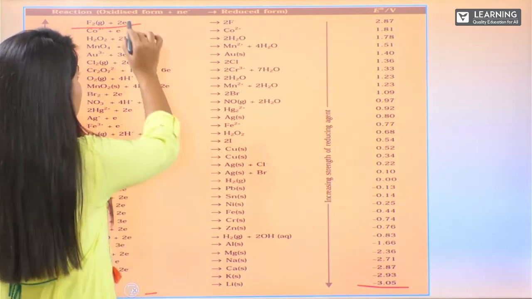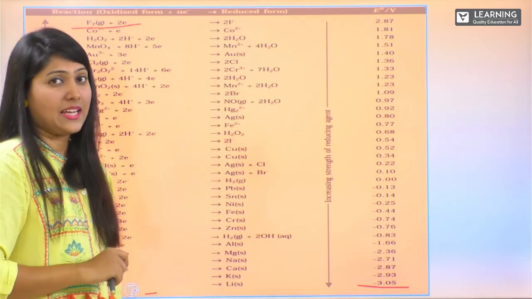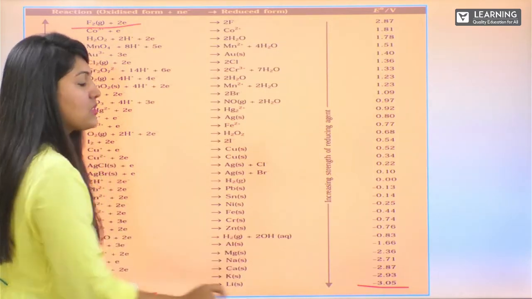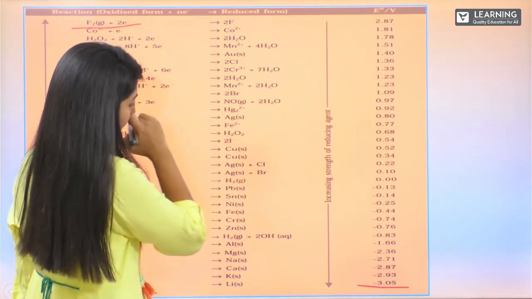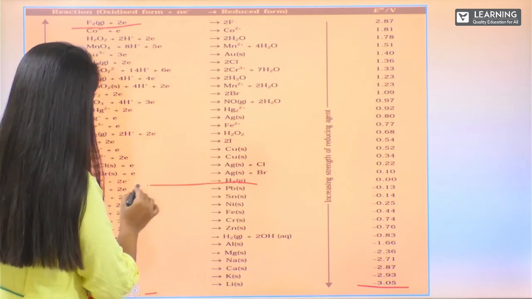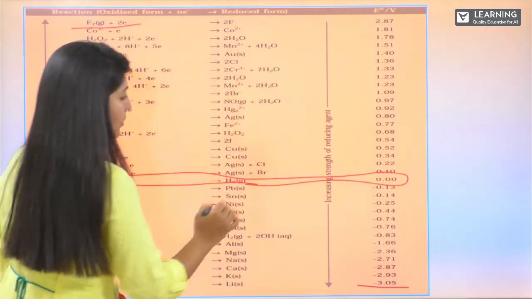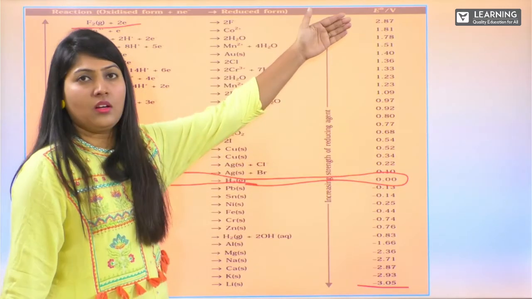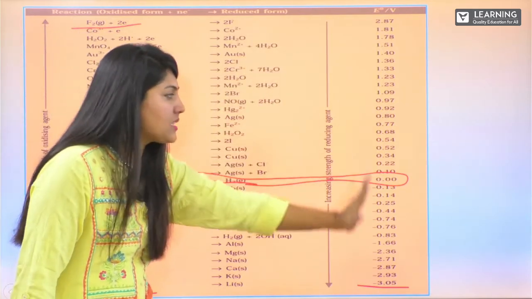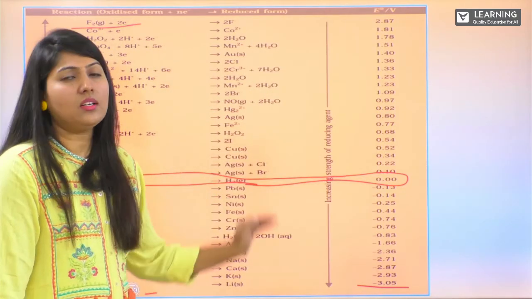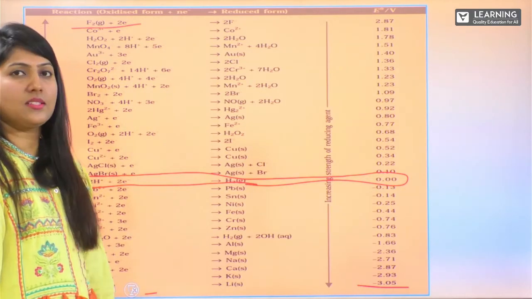That means if it is positive, we can say fluorine is a strong oxidizing agent, whereas lithium is a strong reducing agent. You can also see the hydrogen here, which is having 0. That means above the hydrogen all are almost strong oxidizing agents, whereas below the hydrogen we have strong reducing agents. Hope you understand this, students.